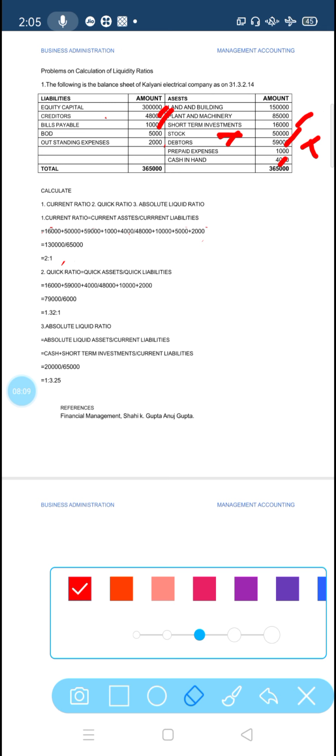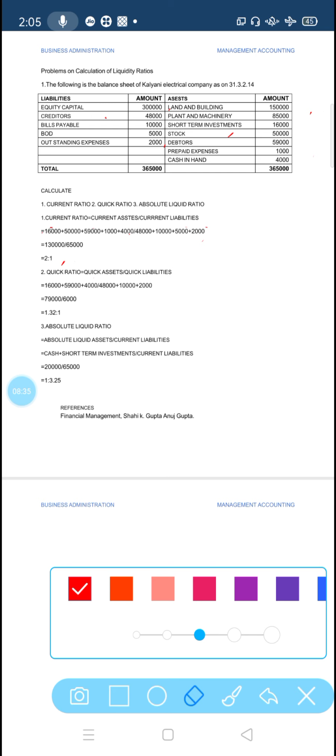So absolute liquid assets are cash and short term investments. The amount of cash in hand is 4,000, and the short term investment is 16,000.